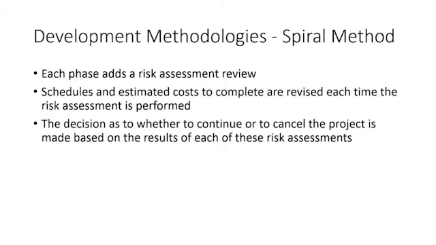We have the spiral method. Now, each phase adds a risk assessment review, which is going to add some complexity, but it should also make it a stronger development methodology, right? Because now we're getting in and looking at risks that are associated with the different phases of our development. Schedules and estimated costs to complete are revised each time the risk assessment is performed.